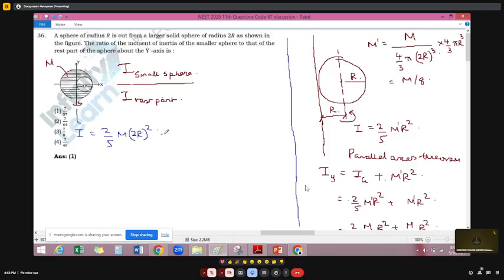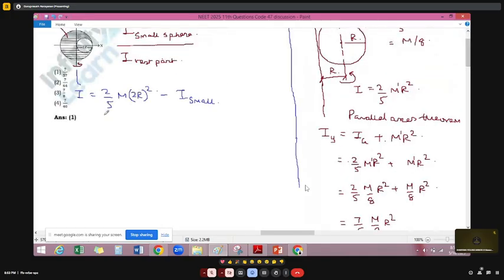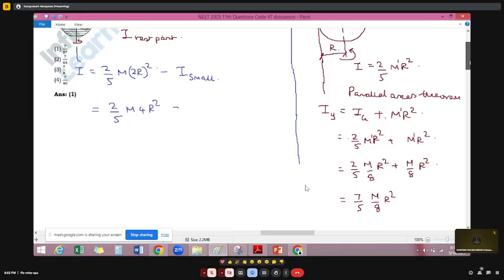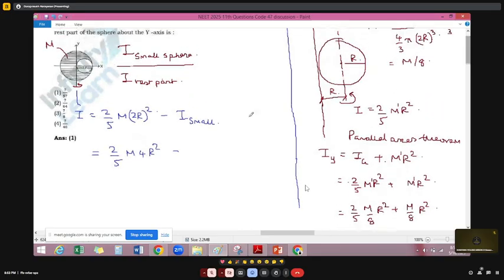Which means this minus I due to the small sphere, which we already found here. So 2 by 5 M, this will become 4r squared, minus this I small, which is 7 by 5 M by 8 r squared.